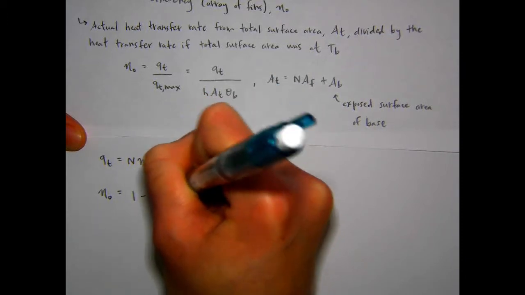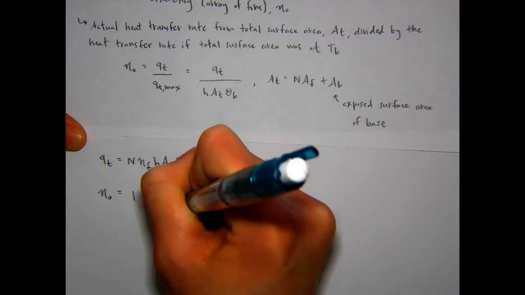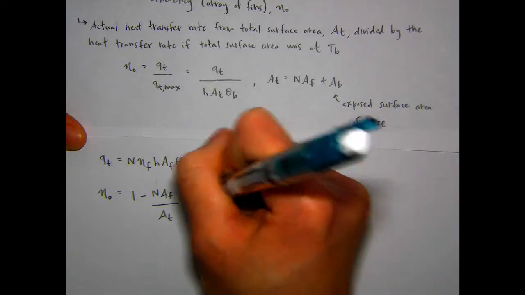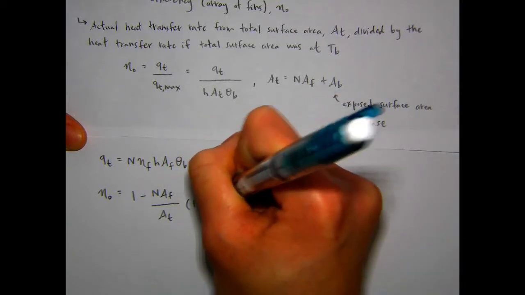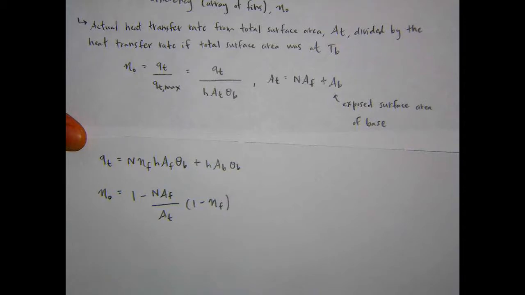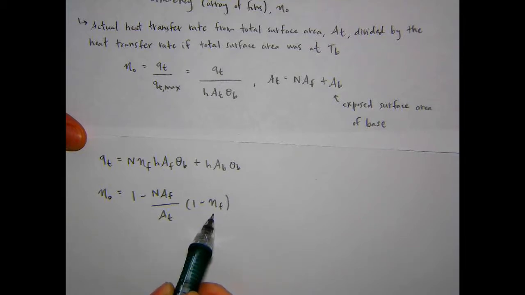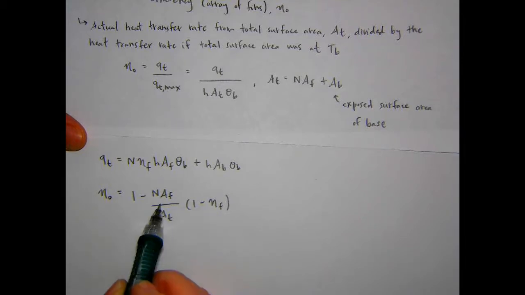So that's 1 minus N times A_F over A sub T times 1 minus eta sub F. So now if you just know the surface area of a single fin, the total surface area of the array, and the efficiency of a single fin, plus the number of fins, you can calculate the efficiency of the overall array without knowing any of the heat transfer rates in particular.